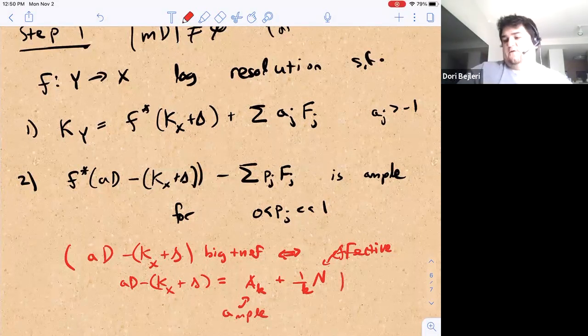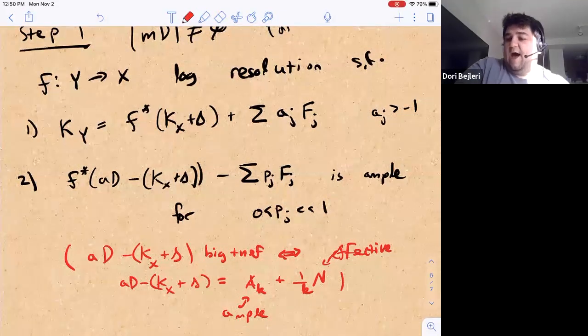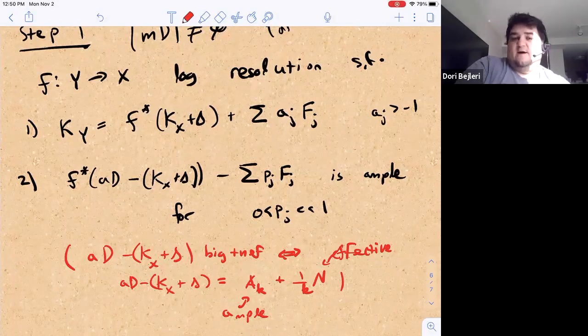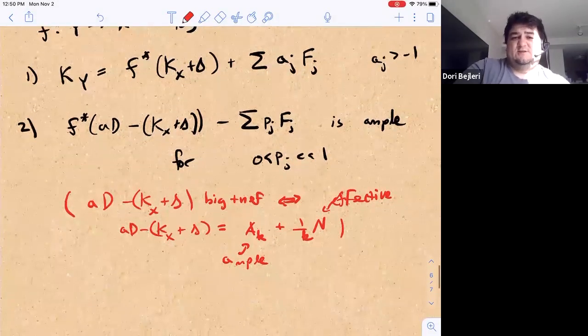And so we just resolve further. We pick our f so that our f also resolves this N piece. Then when we pull back, we get the pullback of an ample plus some effective piece with small coefficients, because we have this 1/k that doesn't depend on the resolution; we get to pick it.